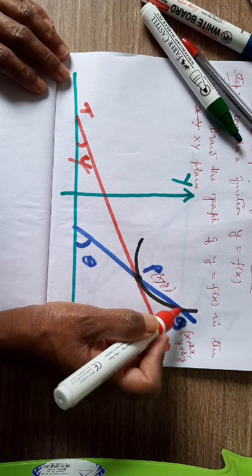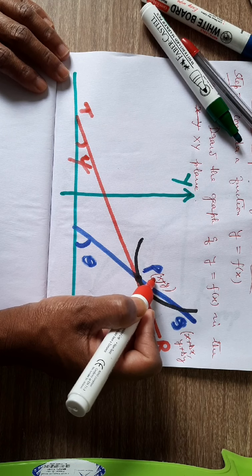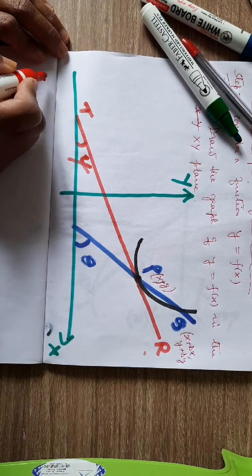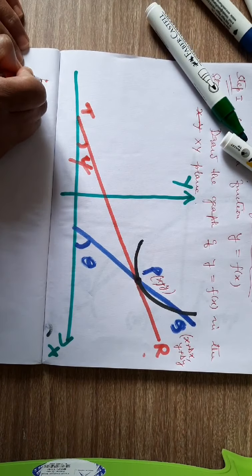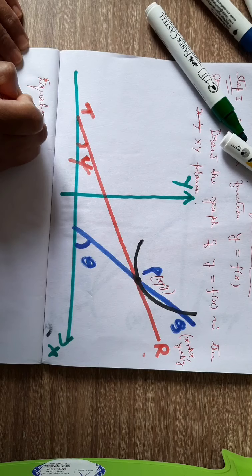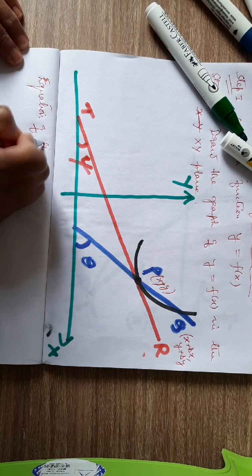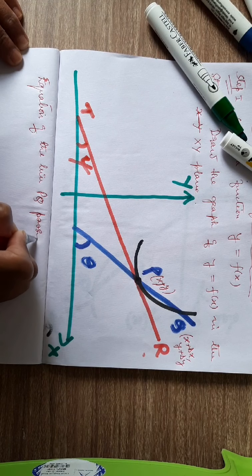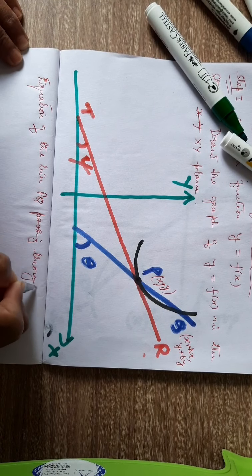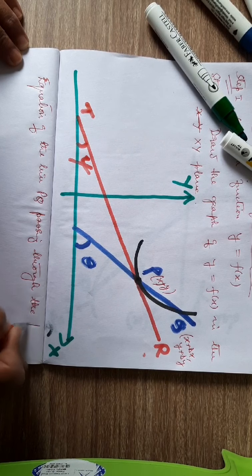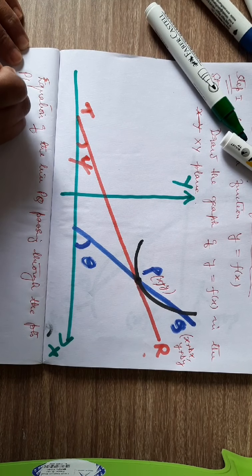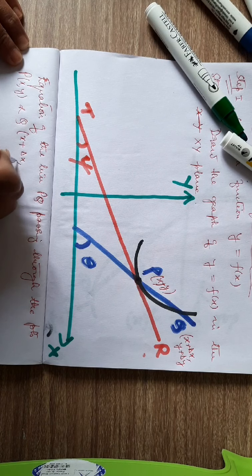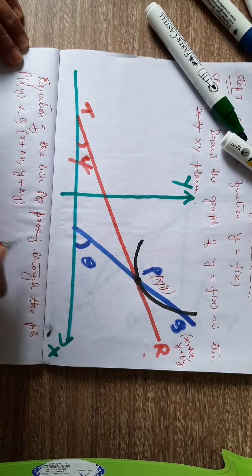Now, line PQ is a line which passes through two given points, (x, y) and (x plus delta x, y plus delta y). So, what is the equation of the line PQ passing through the points P having coordinate (x, y) and Q having coordinate (x plus delta x, y plus delta y)?